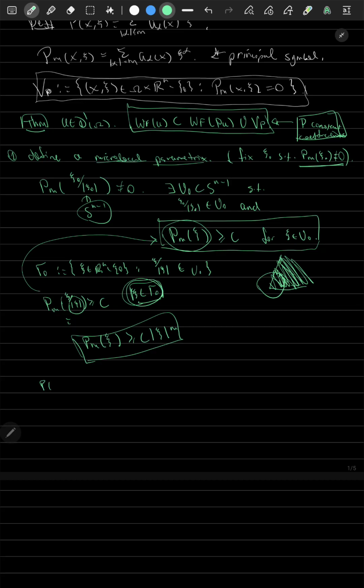And the way we can do that is like this. So we can write P xi is equal to P xi minus, so we just sum and subtract Pm xi. And here we use, let's see, what do we want to use, the reverse triangle inequality or the triangle inequality? Okay, so here we use the reverse triangle inequality to show that. So we have P like this.